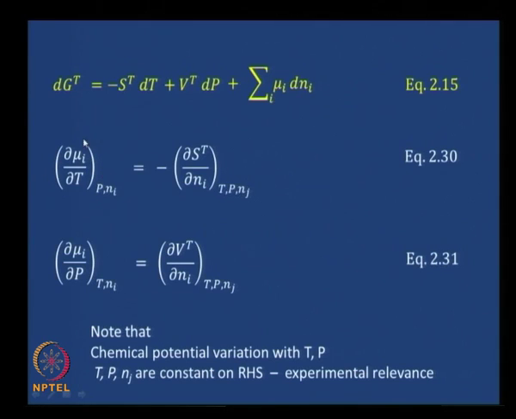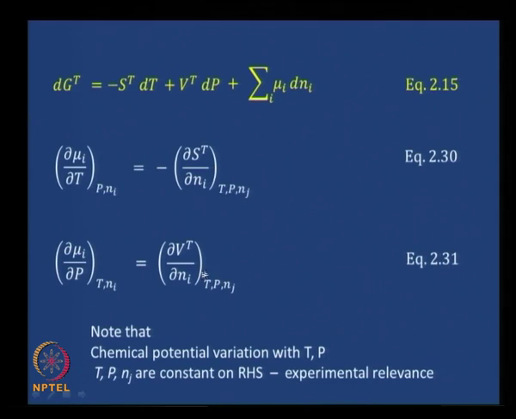This gives the variation of chemical potential with temperature, which is a very useful relationship to have when the pressure and the number of moles of all species are held constant, which can be done experimentally. This gives the variation of chemical potential with pressure when the temperature and all moles are held constant, which can be again done in an experiment, and this is given in terms of the other thermodynamic variables.